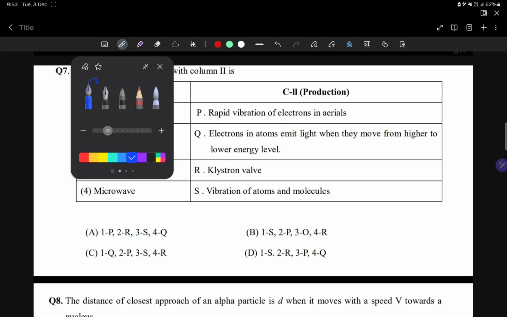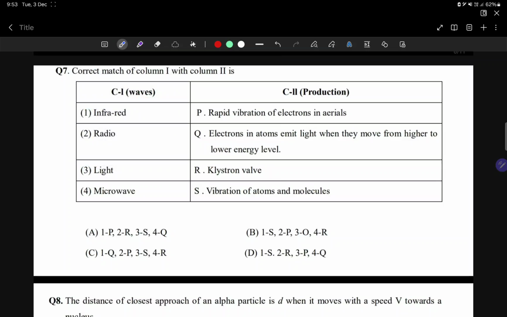In our syllabus we have completed so many things: infrared wave, radio waves, light wave, then microwaves in electromagnetic induction. If you see these two columns, here it is written light wave. Another point is given: electrons in an atom emit light when they move from higher to lower energy level.